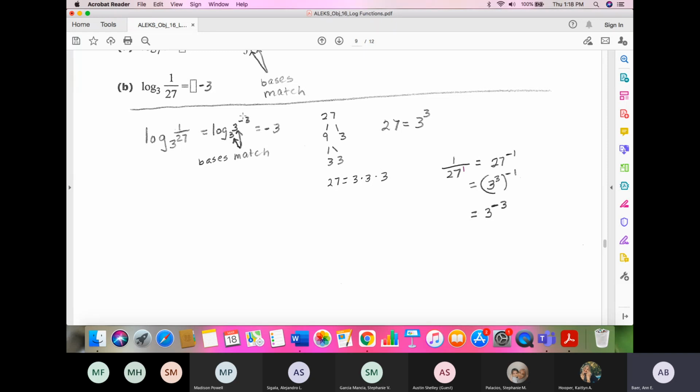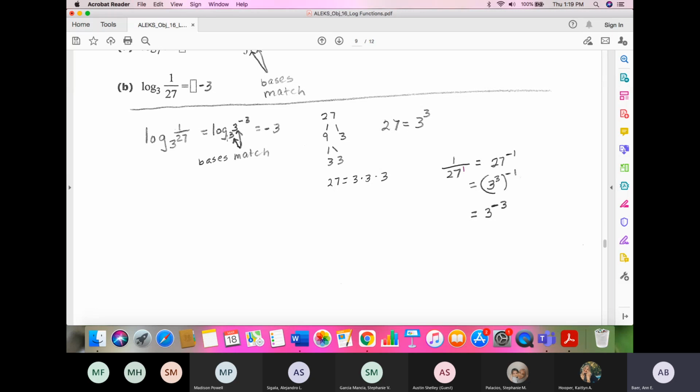What that does for us is it gives us a matching base. The base of the logarithm is 3. The base of this exponent here is also 3. Those 3's match.